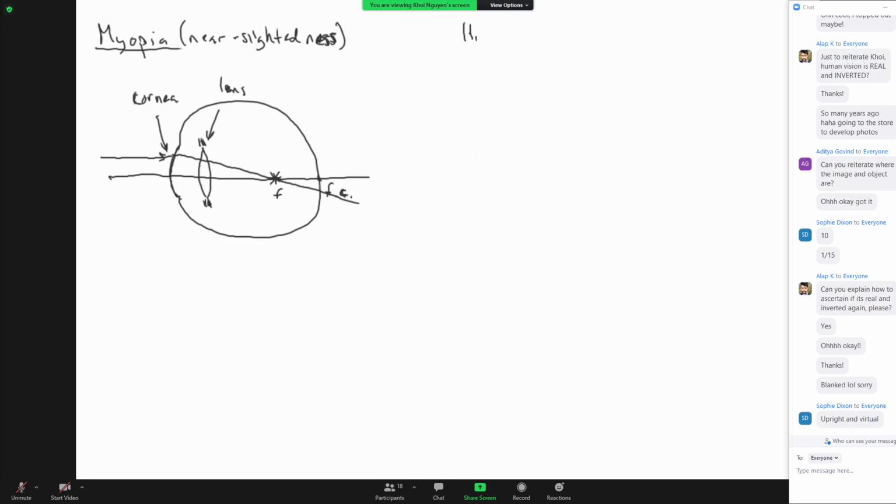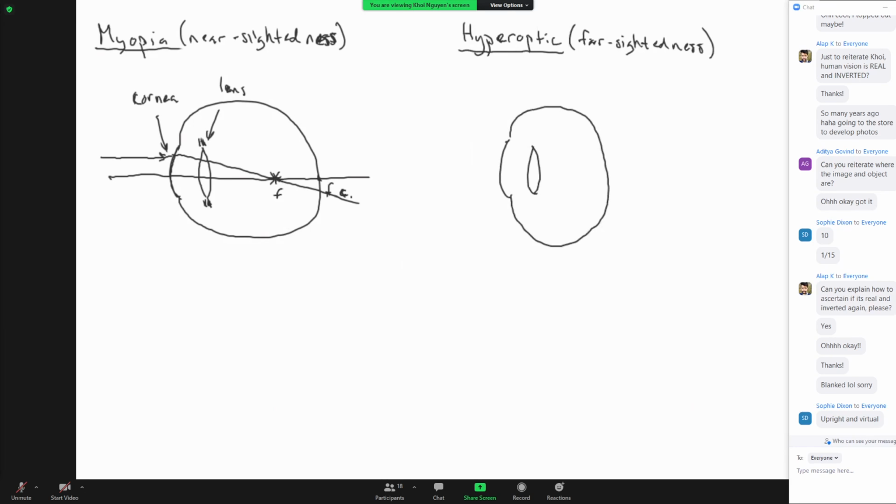And for hyperopic people, or farsightedness, right? Due to your eyeball being too short, or later in life, you see your parents needing reading glasses.